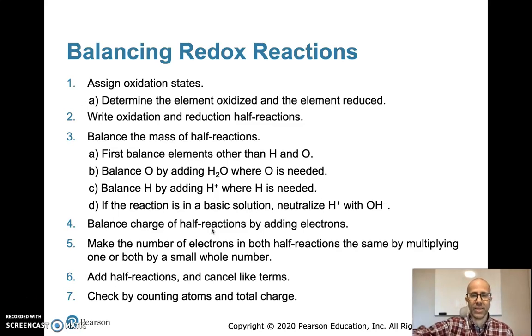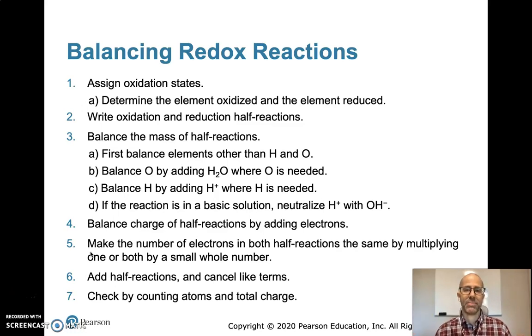Once you've got the charge balanced, you have to make sure that the number of electrons in both half reactions are equal. That means you're going to have to multiply each half reaction by some factor, or maybe just one of them, so that the number of electrons in both half reactions are the same.